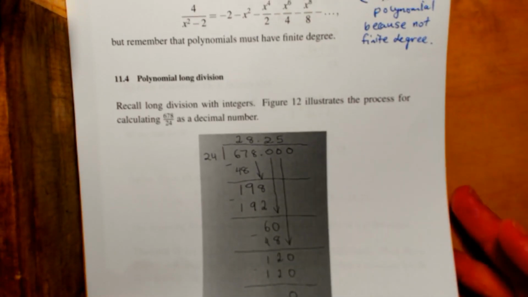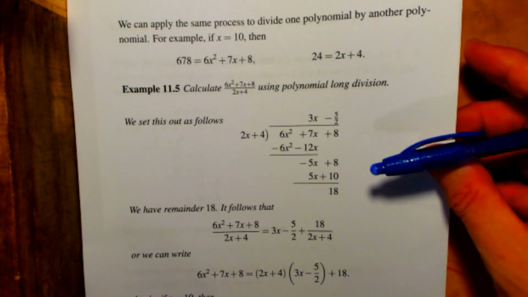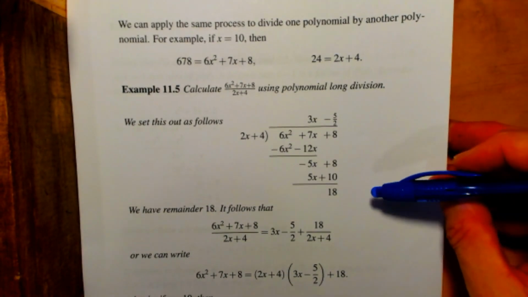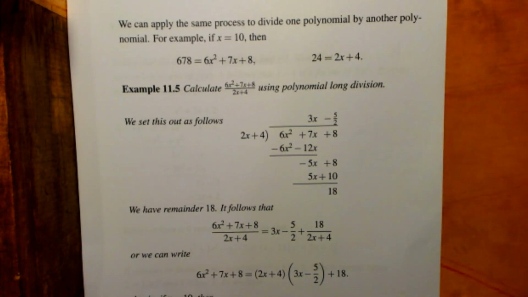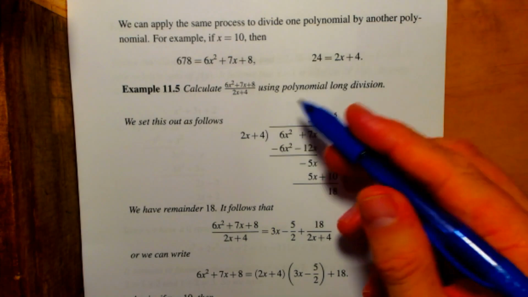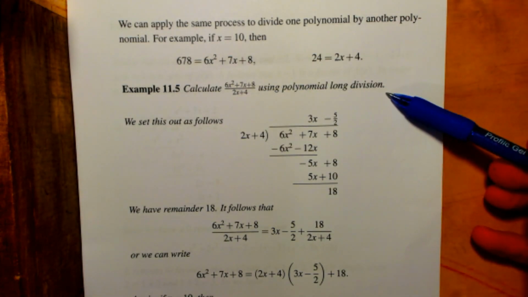I'll just go straight to the long division with polynomials. Okay, and what I'm going to do is I'll redo this here in the margin just to show you how it works, because it's not so helpful to see it already done. It's more useful to see the process of doing it. All right, so this says calculate this using polynomial long division.